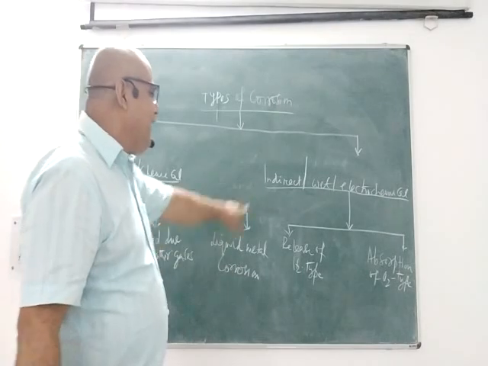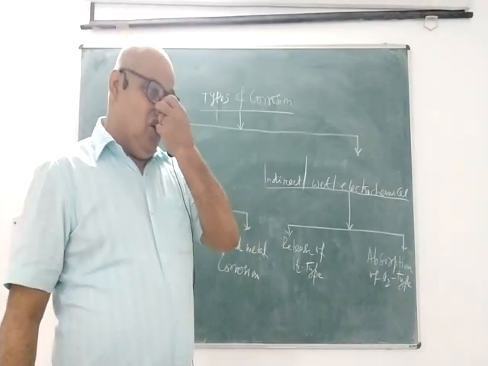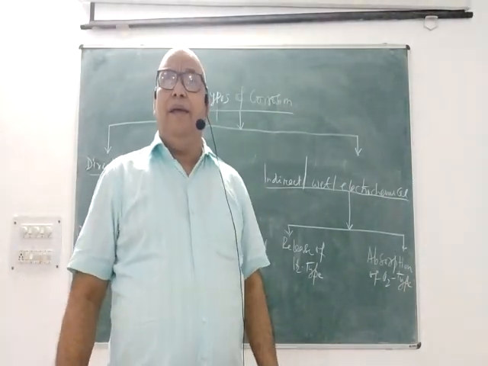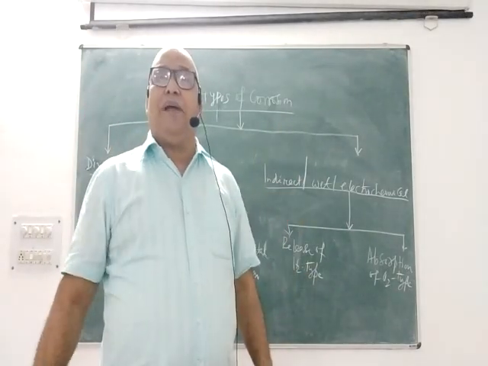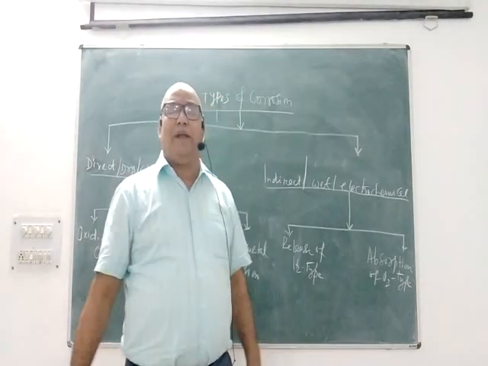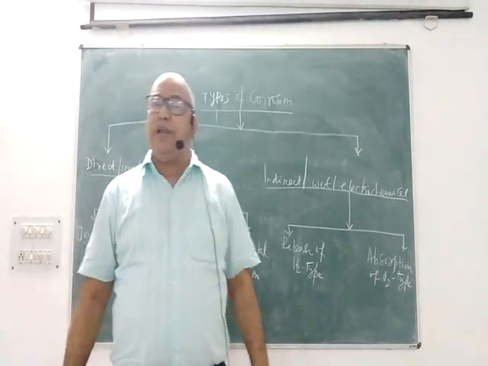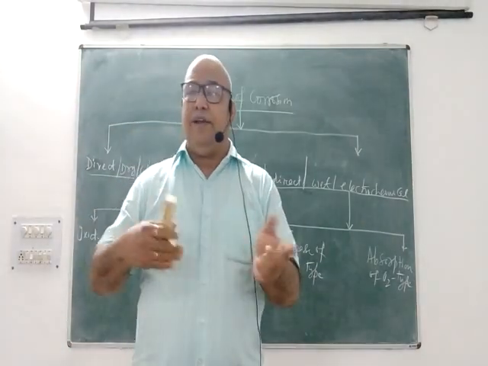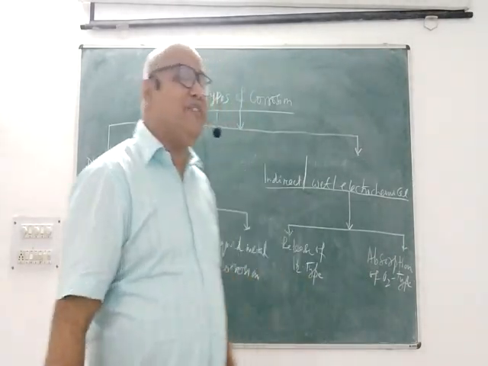And the second type is indirect. You can understand that it will not take place directly. Initially, an electrochemical cell has to be produced, and an electrochemical cell must have anode, cathode and electrolyte, and only then will the reaction proceed, and that is why it is known as indirect.